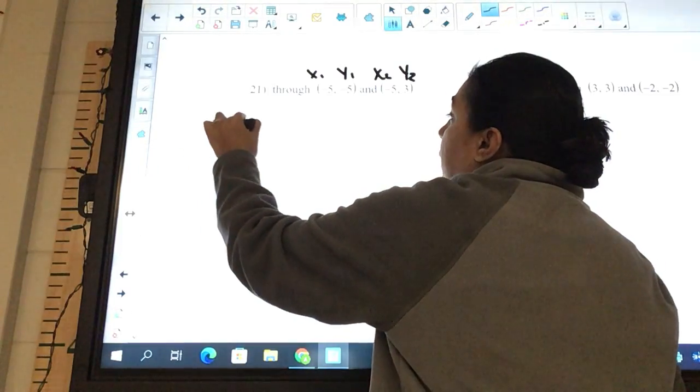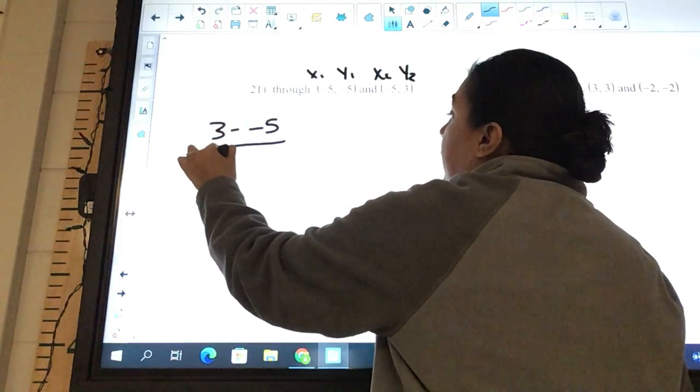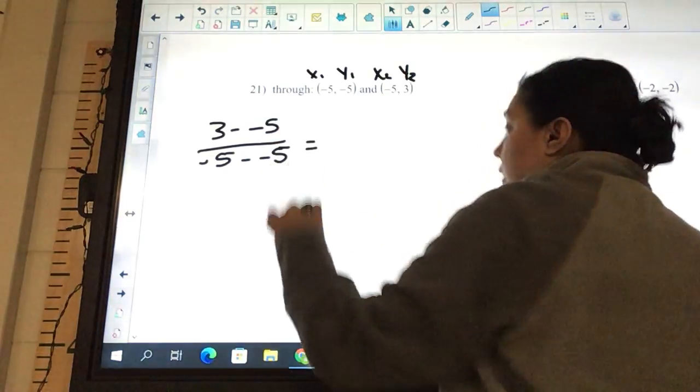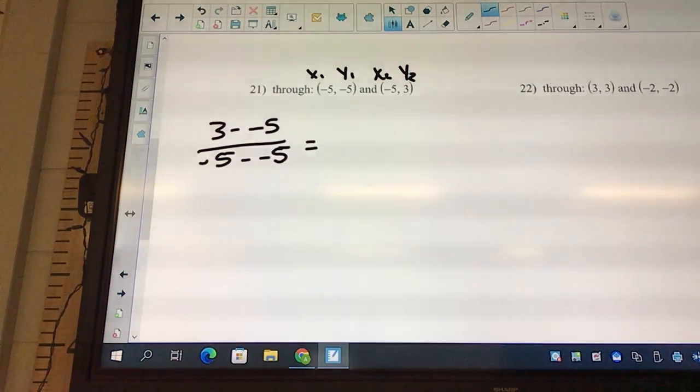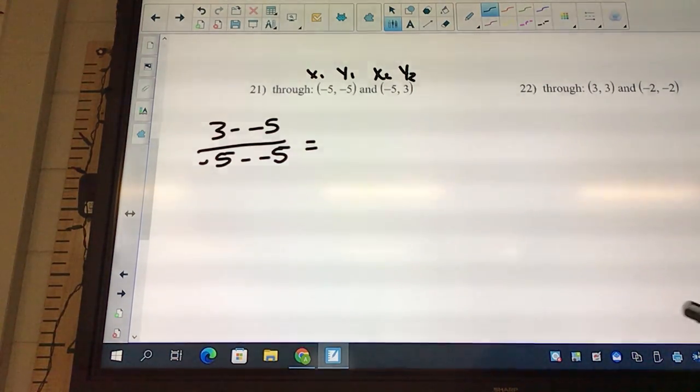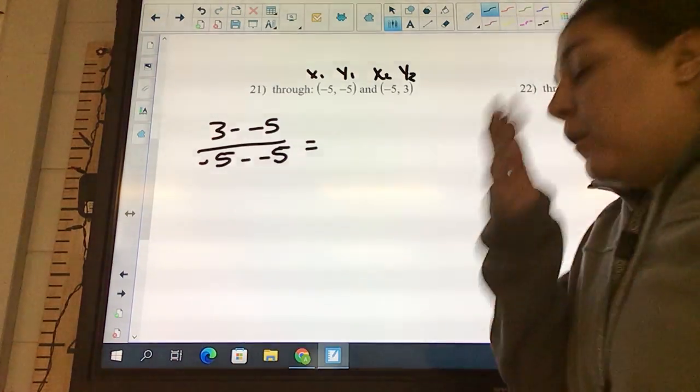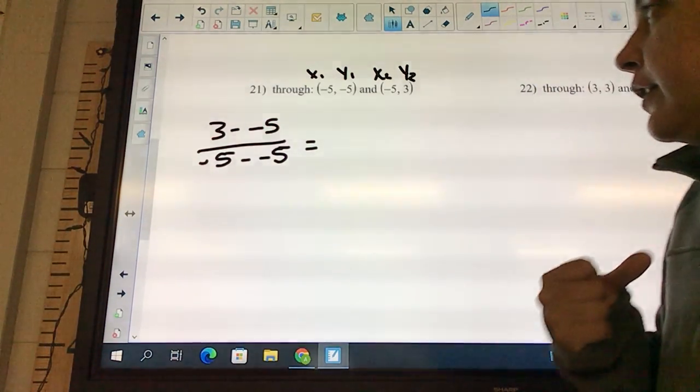So we got 3 minus negative 5 over negative 5 minus negative 5. What's going to happen is you probably got a math error on your calculator.